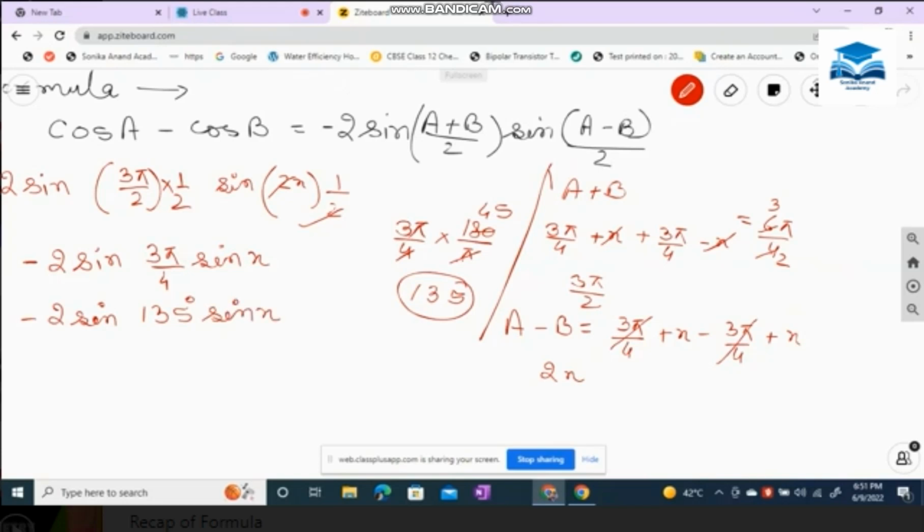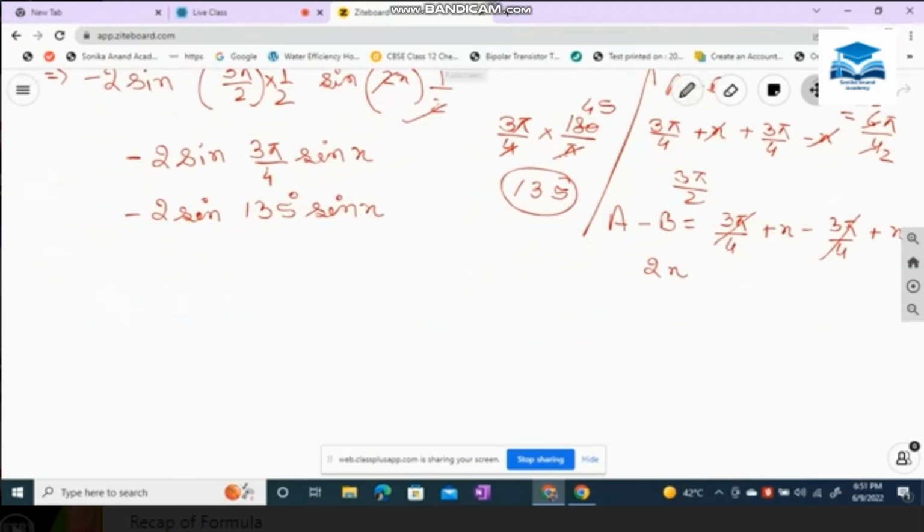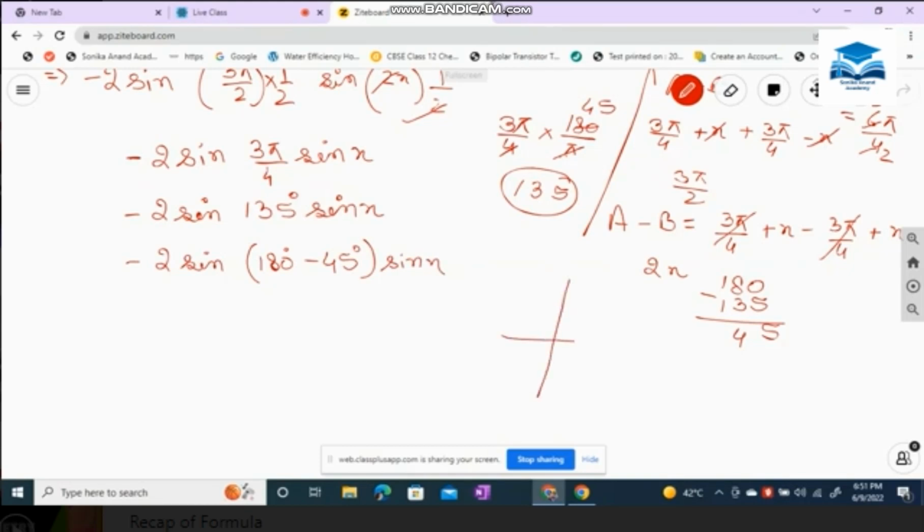Now what is 135 degree? 180 minus how much? 180 minus 135 is 45. So it becomes minus 2 sine of 180 degree minus 45 degree, into sine x. Now 180 minus 45 degree lies in the second quadrant, where sine theta is positive.